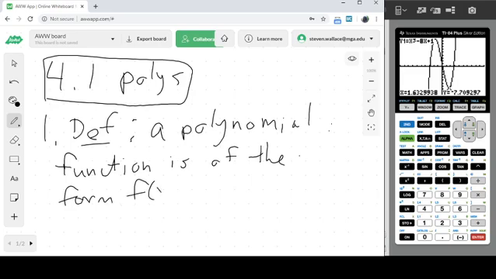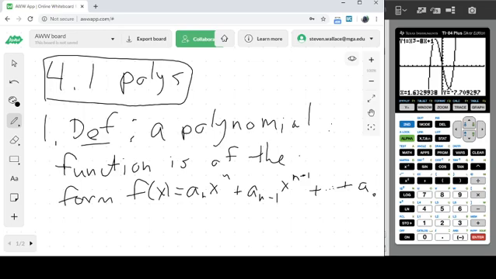f of x equals a sub n x to the n plus a sub n minus 1 x to the n minus 1. Oops. And it goes like that all the way down to a sub 1 x to the 1 and a sub 0 x to the 0.